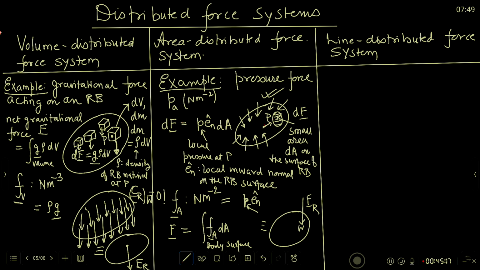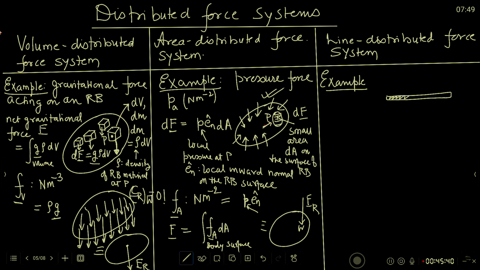Going in the same direction from volume to area, there are some situations in which we come across an approximately line distributed force system. Consider this situation. I have a beam.